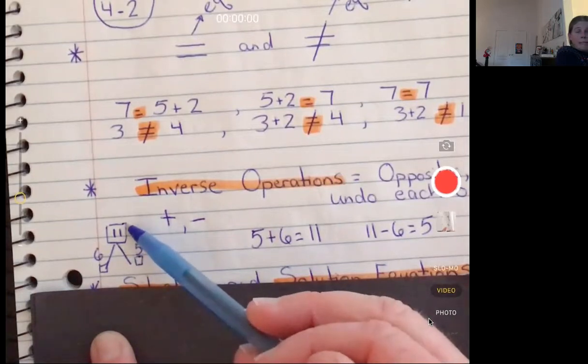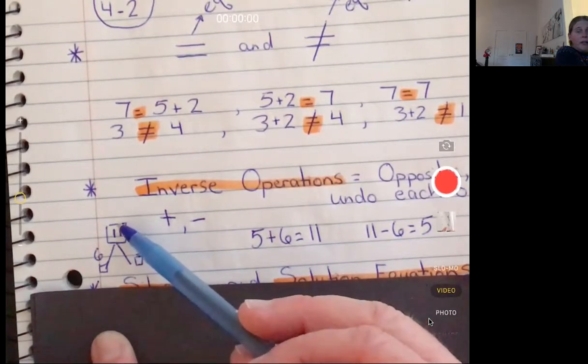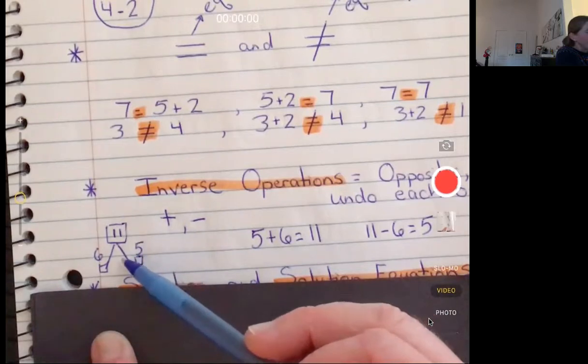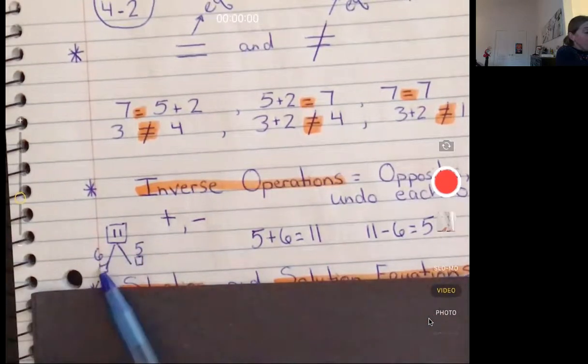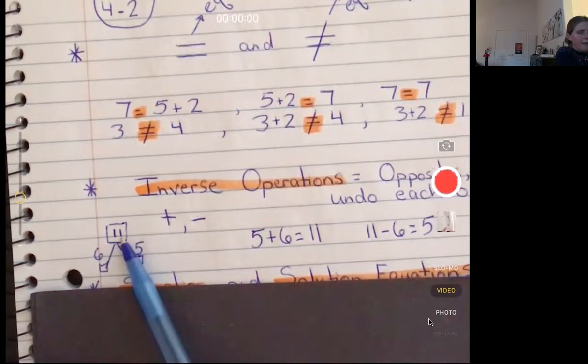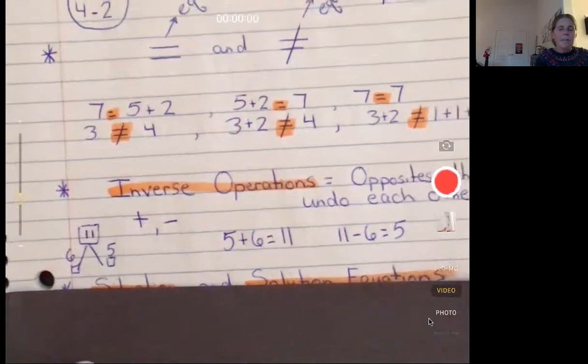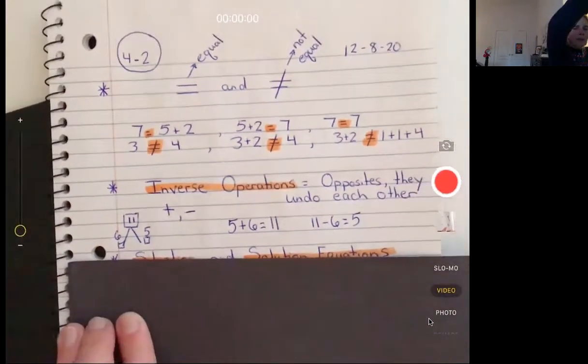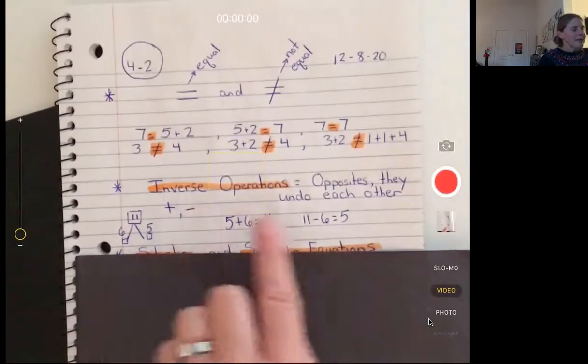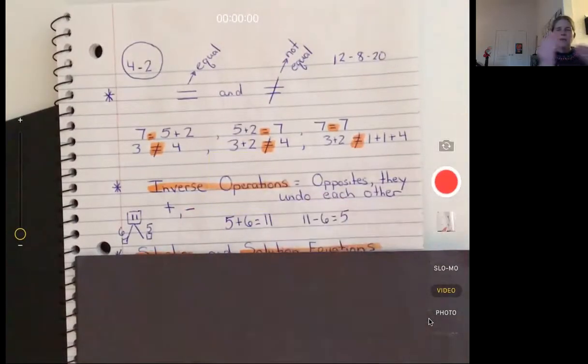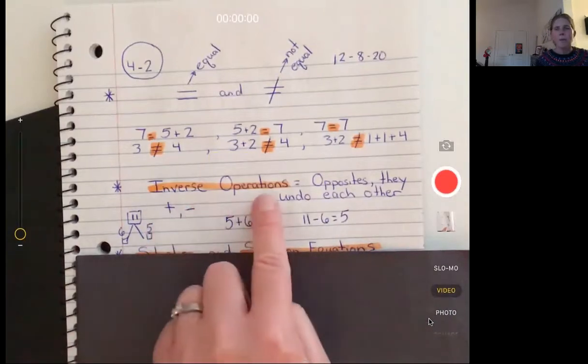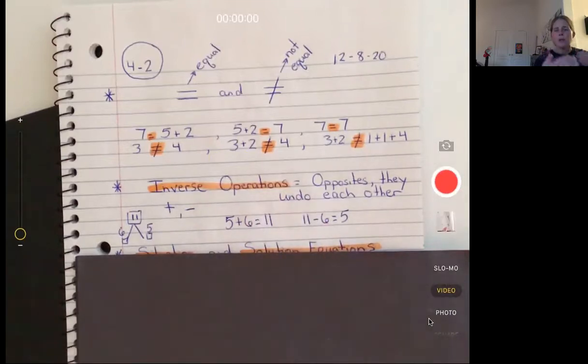Or if I start at my sum again, that's where I'll do subtraction. 11 minus 5 equals 6. If I start on an addend, I can get up to my sum. 6 plus 5 equals 11. And I can go the other way. 5 plus 6 equals 11. Okay? So just keep that word inverse in mind. Undoing each other. I kind of think of them as opposites, like multiplication and division. Those are inverse operations. They undo each other.